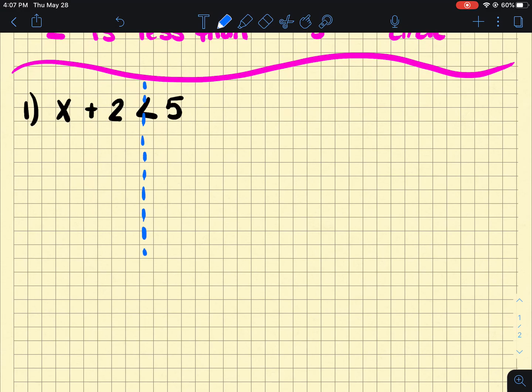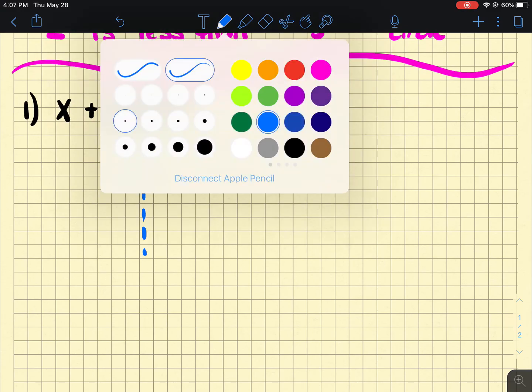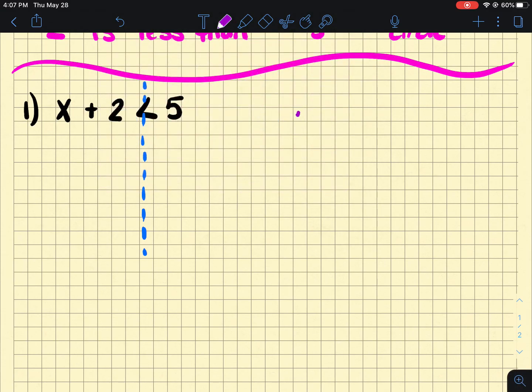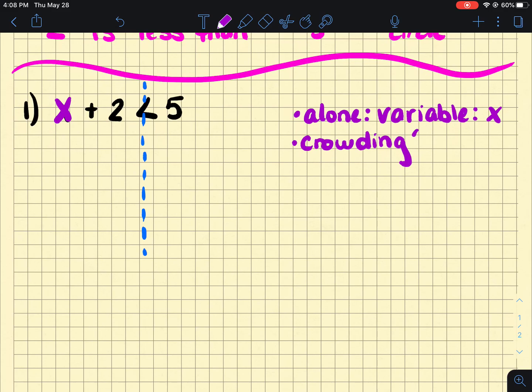Okay, I'm going to go through the same questioning that I went through before. My first question is, what wants to be alone? And in this case, of course, in all cases, it's going to be the variable. And the variable that wants to be alone in this case is the x. So x wants to be alone. The next question is, what's crowding that variable? And what's the operation?